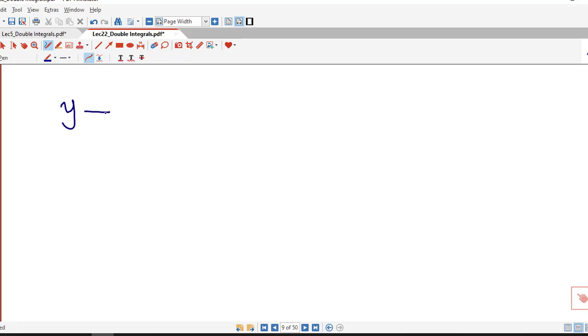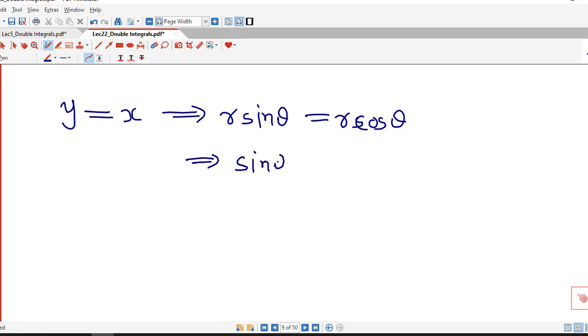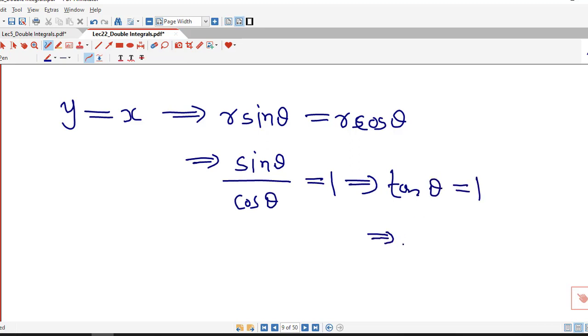Similarly, suppose I have the equation y equal to x and I want to convert it to polar form. I will put x equal to r cos theta, y equal to r sin theta, and r will cancel out. We consider r as always positive. So this gives tan theta equal to 1, and theta is pi by 4.